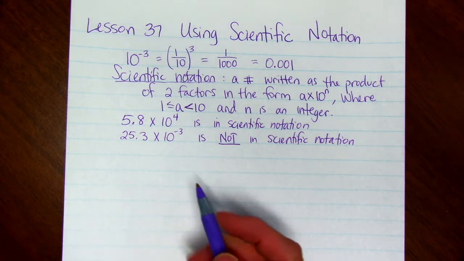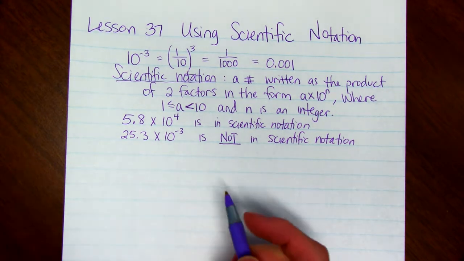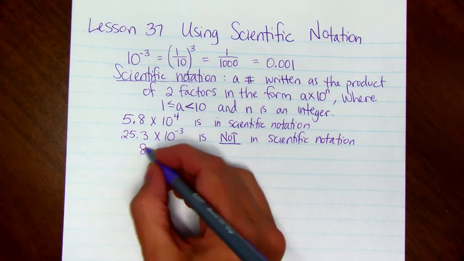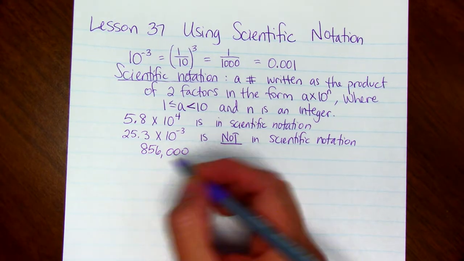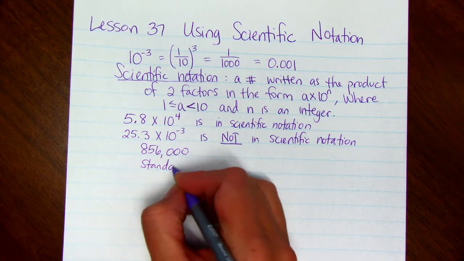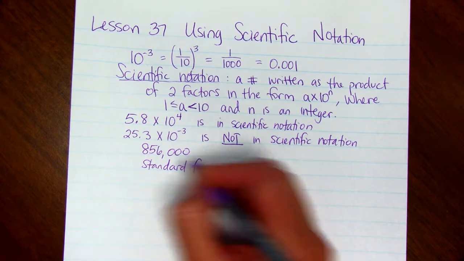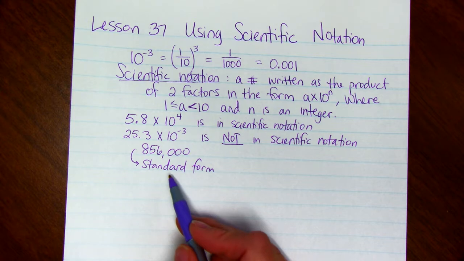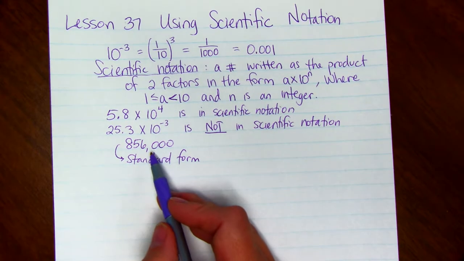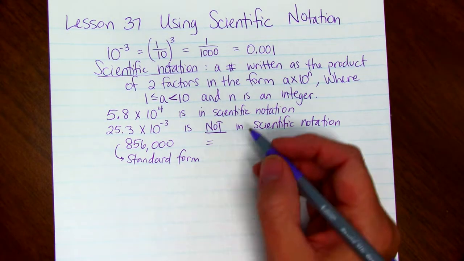So when we write a number, just any number, it's called standard form. So 856,000, that's considered standard form. We can take the same number and write it in scientific notation, and they will be the same.